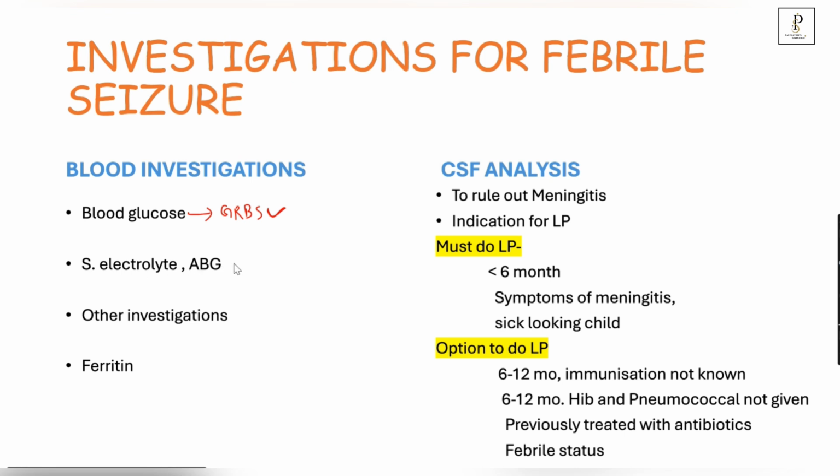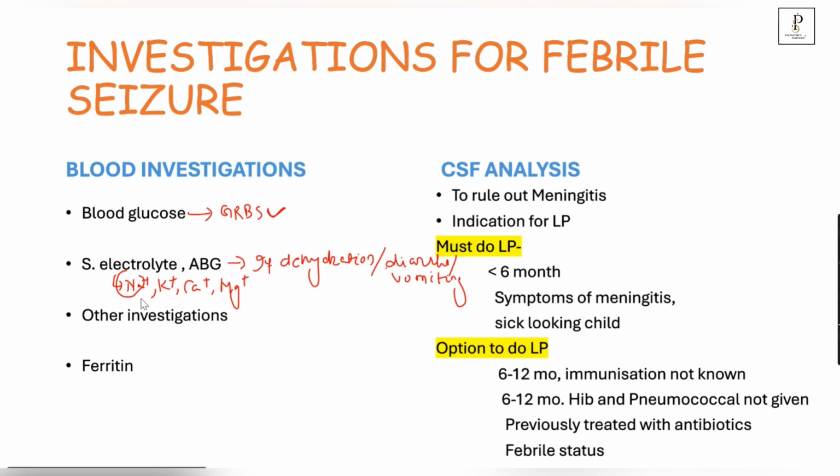Electrolyte and ABG are not mandatorily required, but if the child has dehydration or repeated diarrhea or vomiting, persistent diarrhea, vomiting, then you should do electrolyte and ABG. In electrolyte, you can do sodium, potassium, calcium, magnesium, etc.